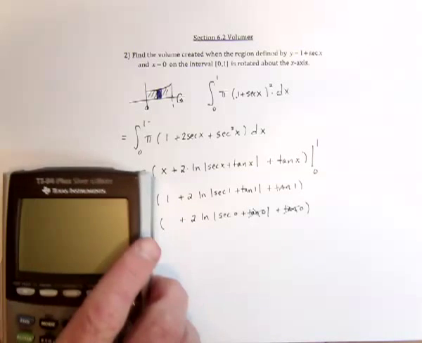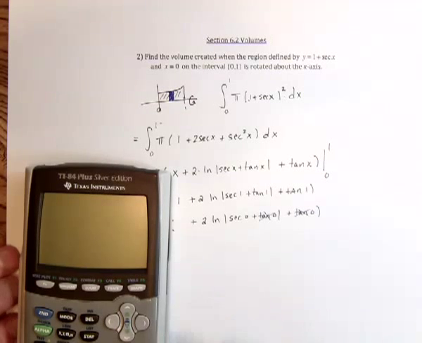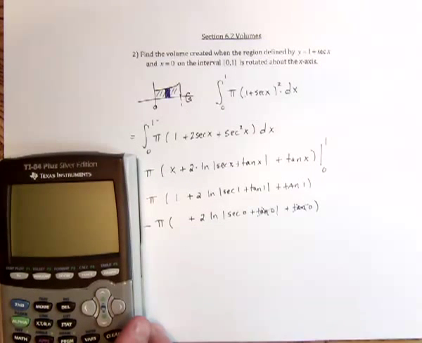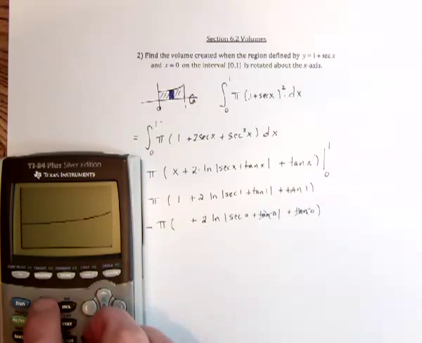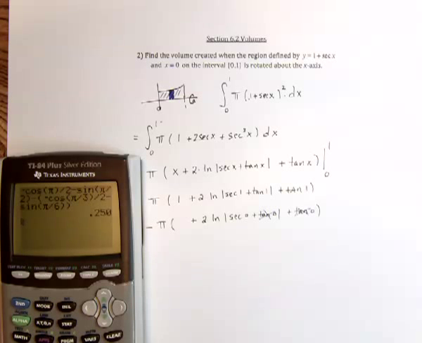Okay, so then make sure that the calculator is in radians, and we've got a pi times 1 plus 2, the natural log of secant. So that's going to be 1 divided by cosine of 1.